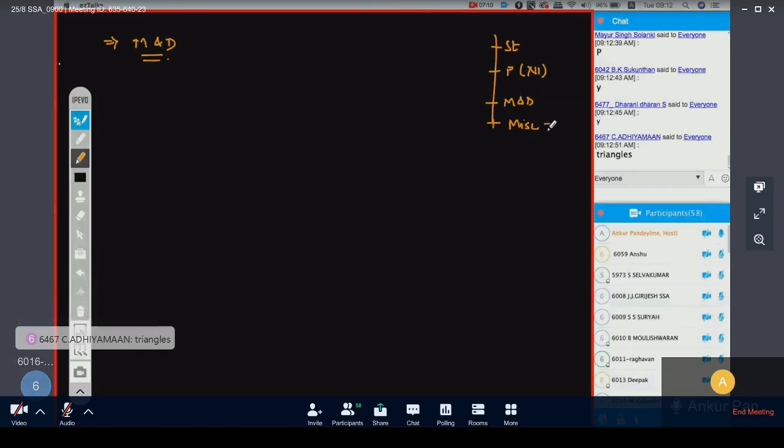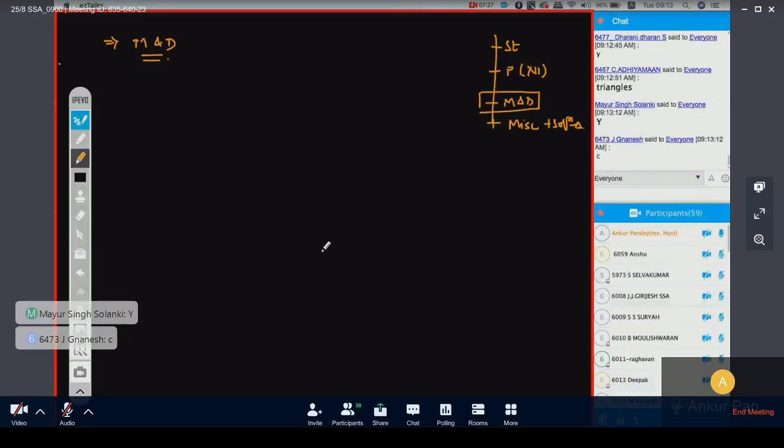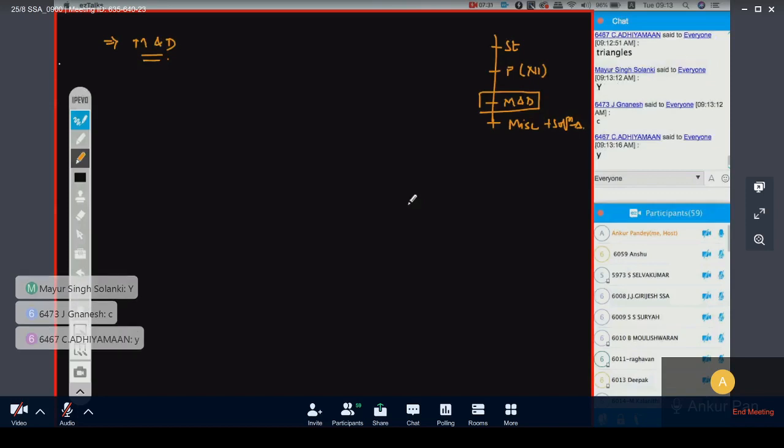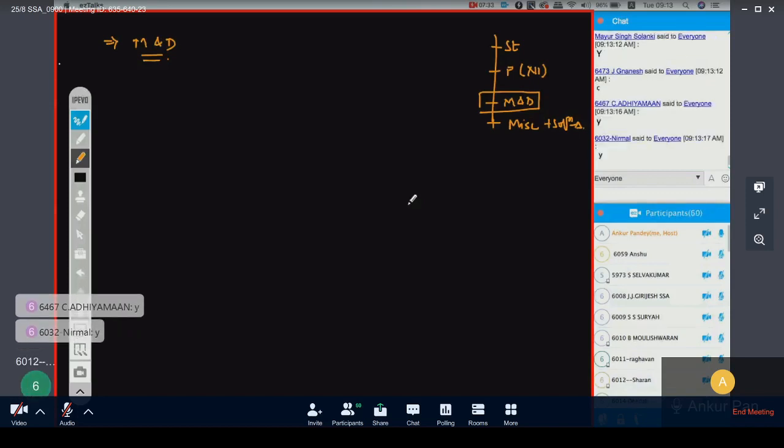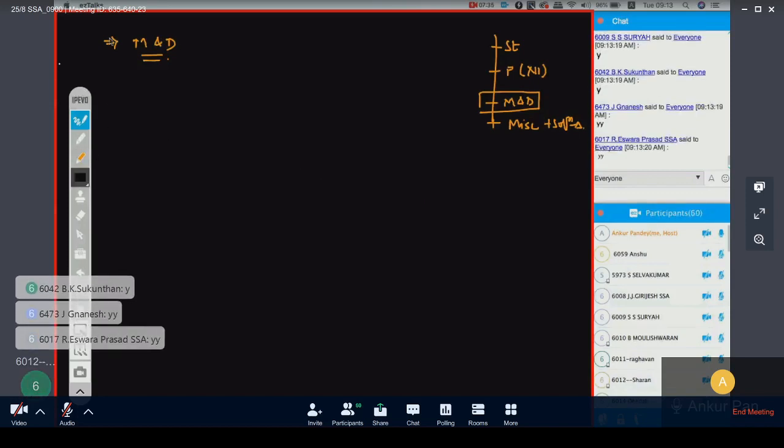Solution of triangle. Clear? So today we will finish matrices and determinants. Is matrices and determinant done in school? Yep. So then it is easy.